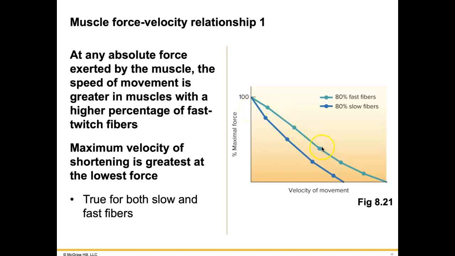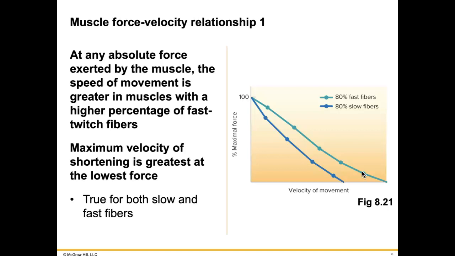Now we also see that our fast twitch muscle fibers are doing better at being able to produce more force at higher amounts of velocity. And this is because of two main things. We know that they have higher ATPase, so they're able to degrade that ATP into ADP and inorganic phosphate, allowing that myosin head to detach and reattach, forming more cross bridges.